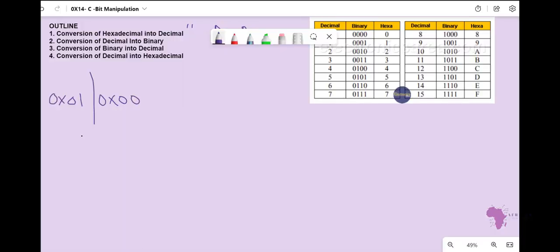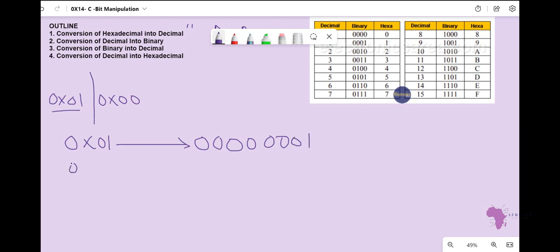Now first of all, we need to find the binary of this. So what is the binary of 0x01? Its binary will be 0, 0, 0, 0, 0, 0, 0, and 1.